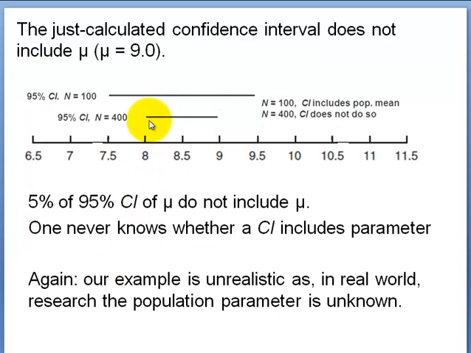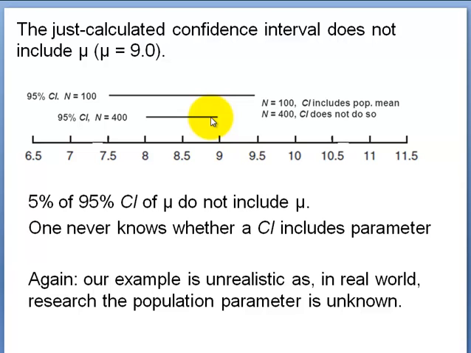The key point to see here is here's our confidence interval when sample size is 400. Here's our confidence interval when sample size is 100. So when we increase the sample size, we get a narrower confidence interval. We get a more precise estimate of the location of the population parameter. We're getting a better, tighter estimate.